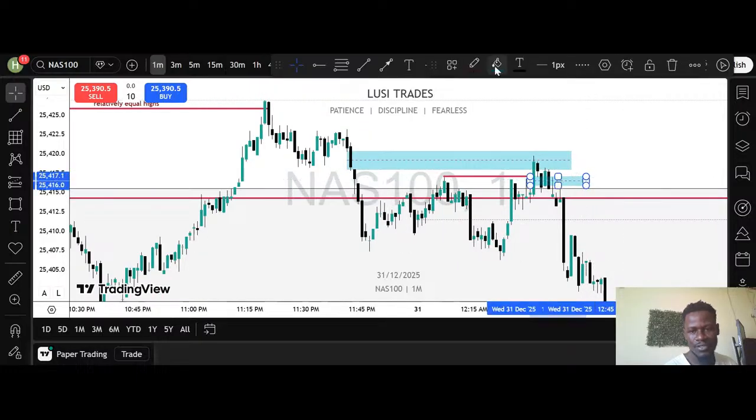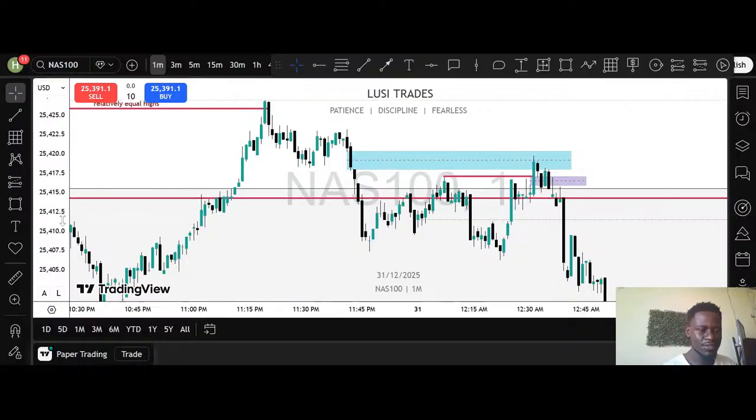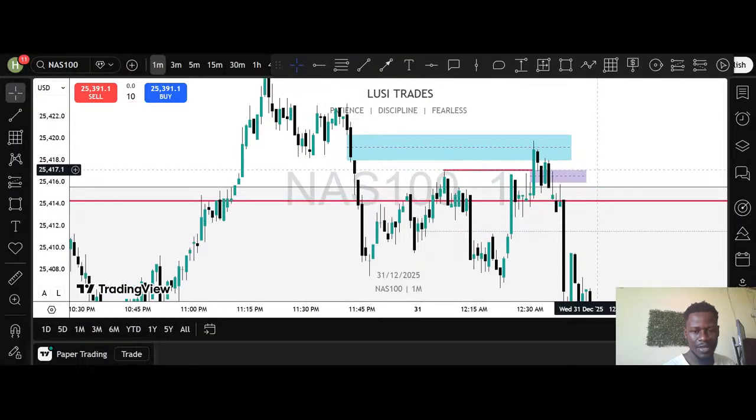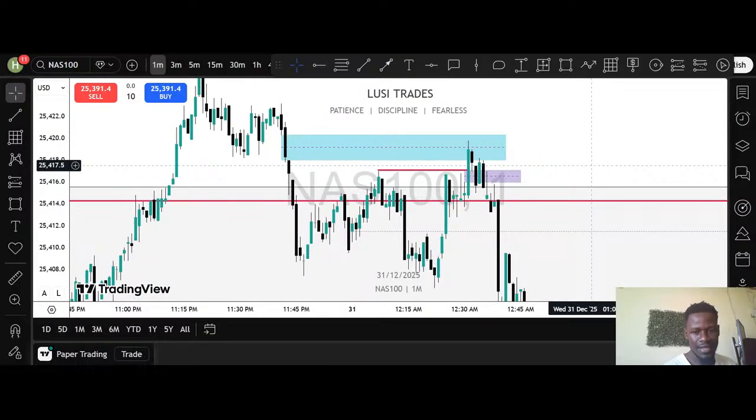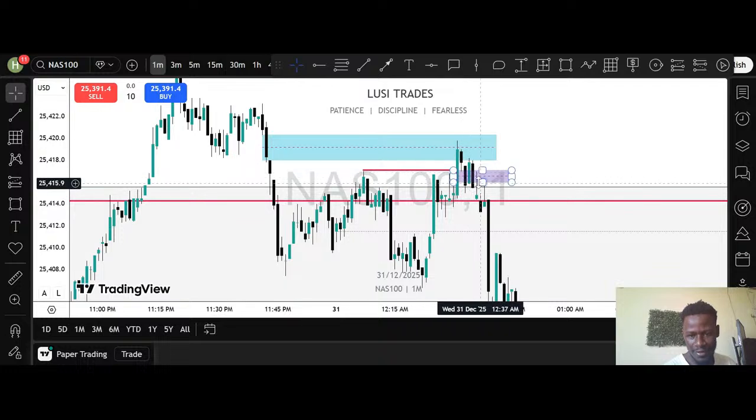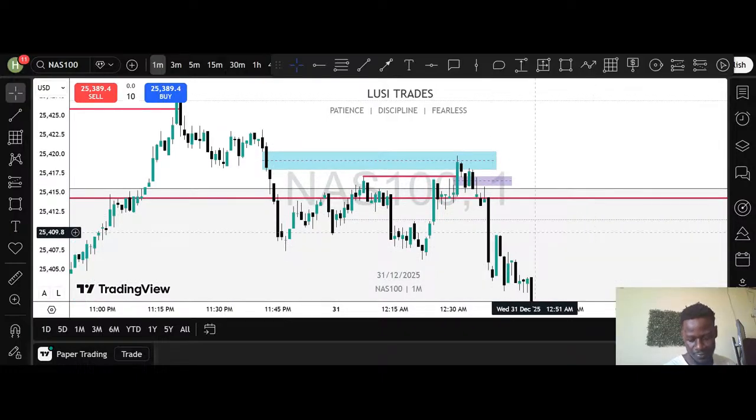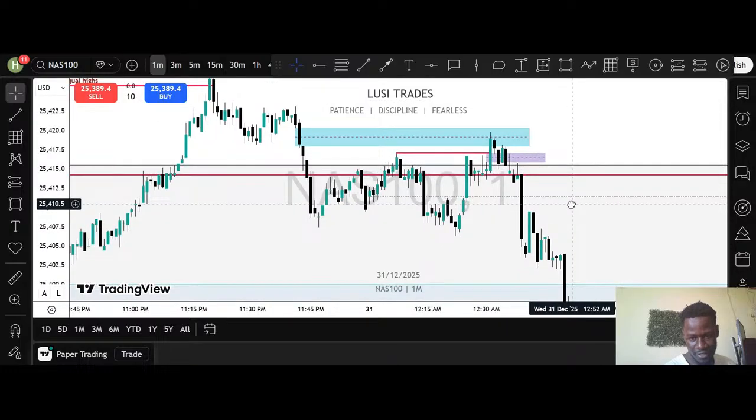So this one becomes an IFVG. Once we trade and close below it, we can see it's now holding, supporting price going lower, and gives us another imbalance here. So price trades back into that, and we see that rally, that run lower. So it now dumps lower.